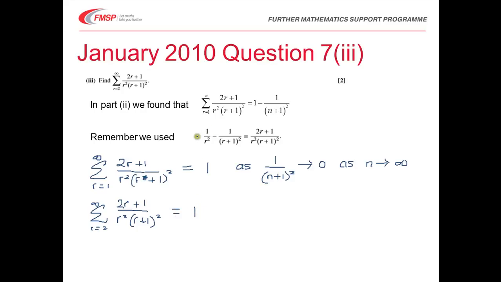The first term is when r equals 1, so it's going to be 1 over 1 squared, taking this away, which is just going to be 1, minus 1 over 2 squared, which is a quarter. So it's going to be 1 minus 3/4, which is 1/4.